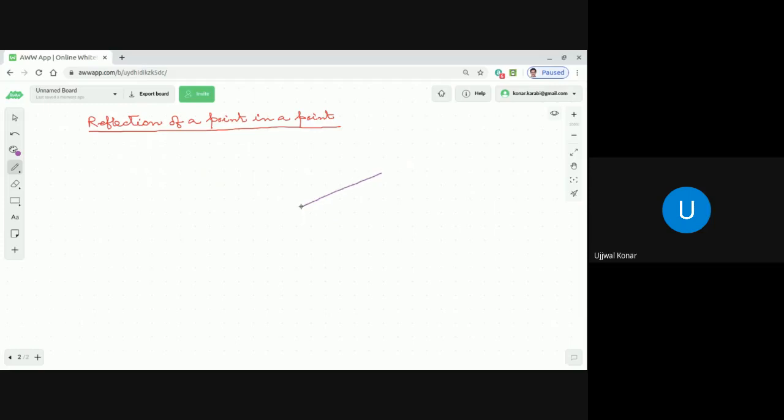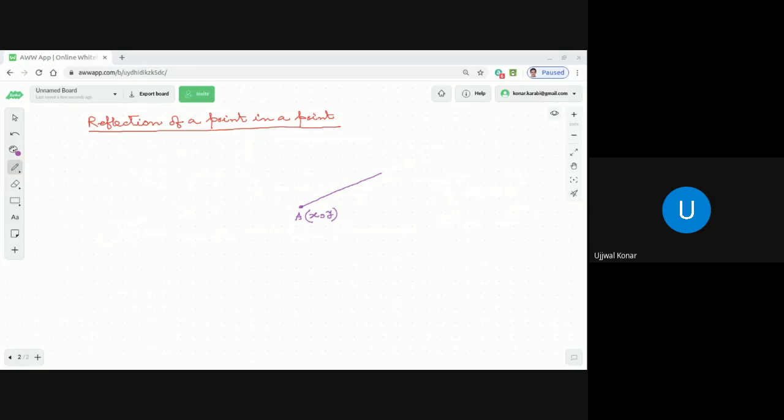Suppose we have a point here, A, with coordinate x comma y. Correct.